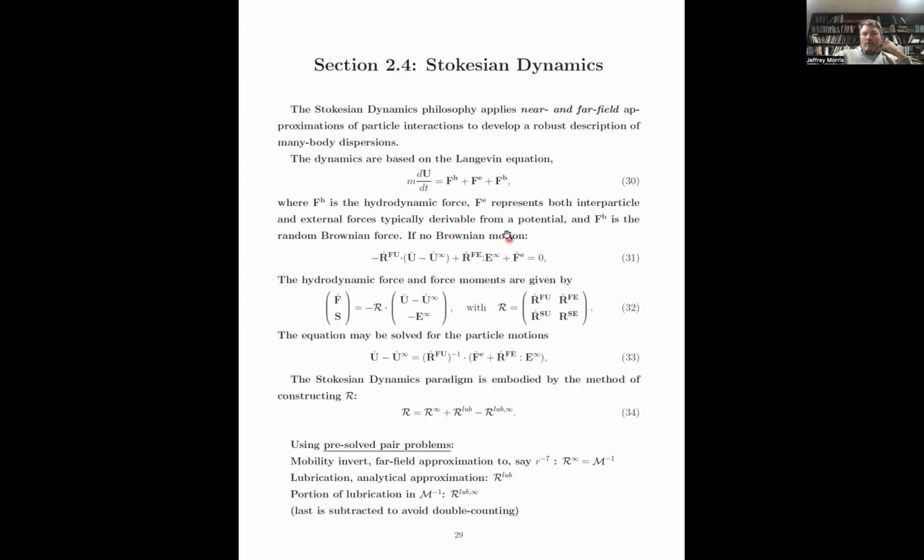If there's no Brownian motion, then since the particles are force and torque free, I must have a balance between the forces which come from the external or interparticle potential and the hydrodynamic pieces. The hydrodynamic force must balance with the conservative forces.